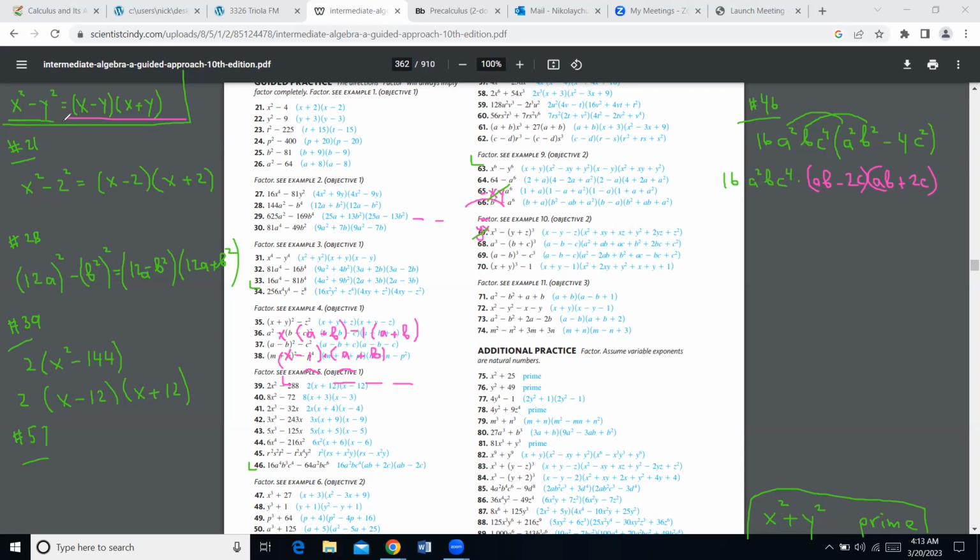So notice the formula above in the upper left corner that we have been using today has a difference, not the sum. So if you have a sum, then you cannot factor, just like in exercise 75, whenever they say try to factor sum, well, since you cannot, then you say it's prime.